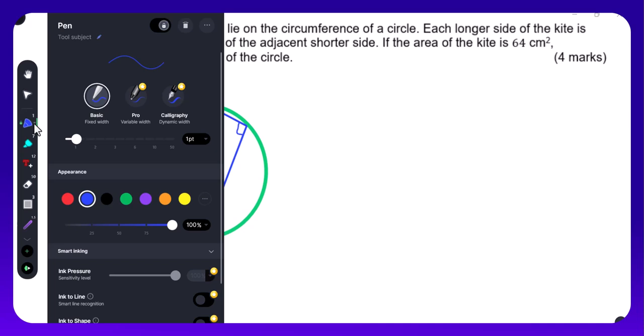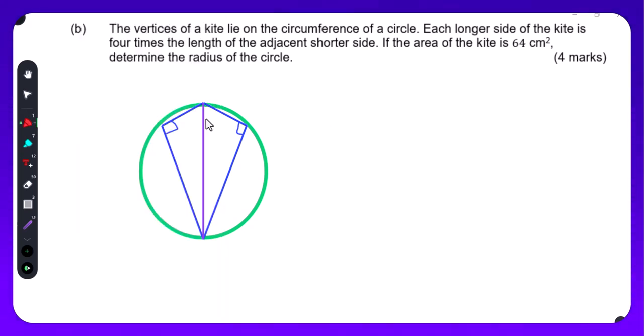Let's go with a slightly different color. We're going to call this X, and we're going to call this line here 4X. We know that the area of a triangle is half base times height. But there is one other thing I was thinking.